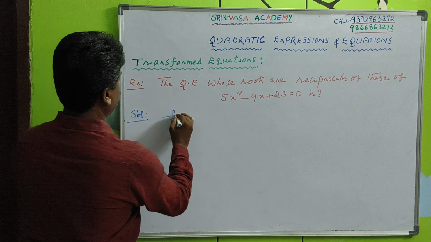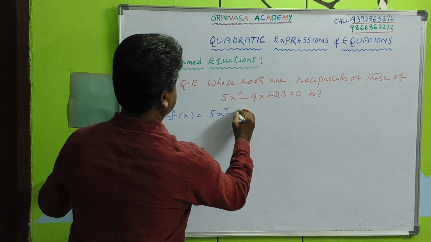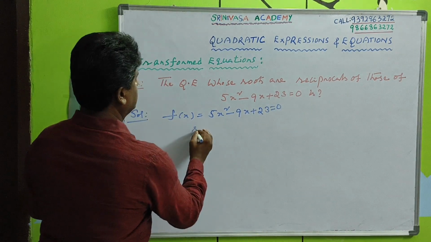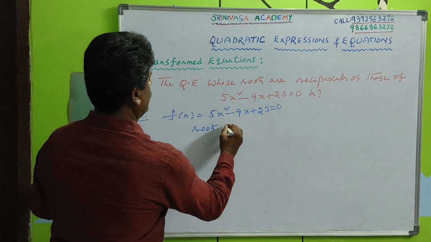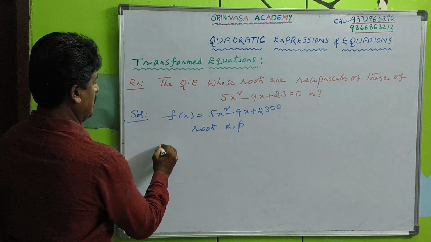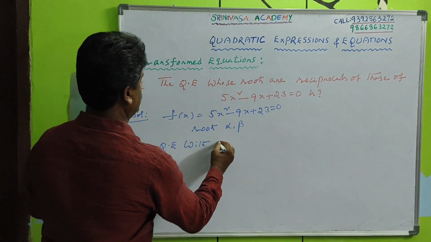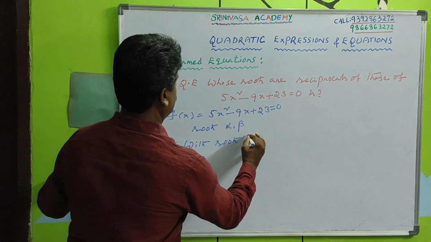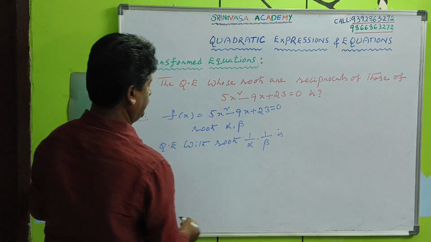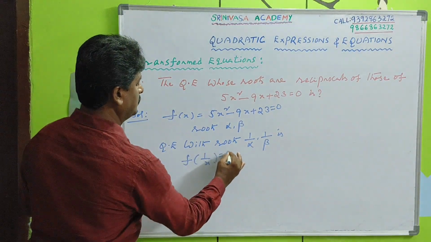Let us assume given equation is f of x, its roots are alpha comma beta. Now the quadratic equation with roots 1 by alpha comma 1 by beta is f of 1 by x is equals to 0.